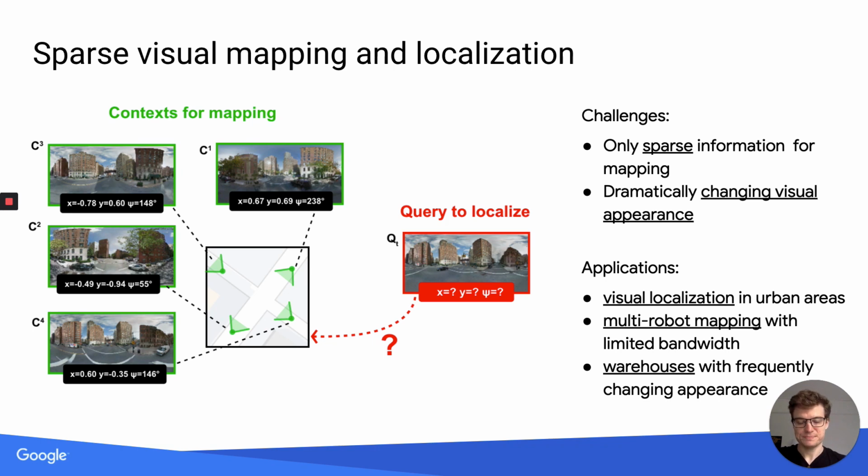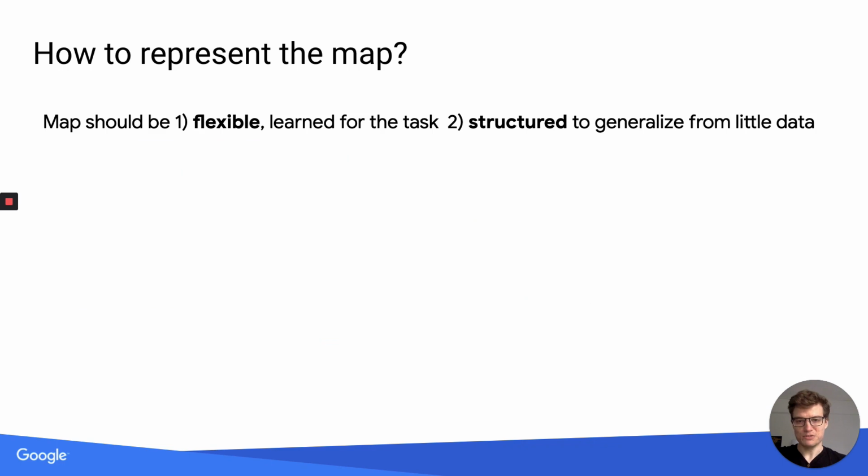To address this task, we need a map representation that is flexible, such that we can learn what features are useful for the downstream localization when some aspects of the scene look very different. At the same time, we want the map representation to be structured, so that it can generalize from limited real-world data.